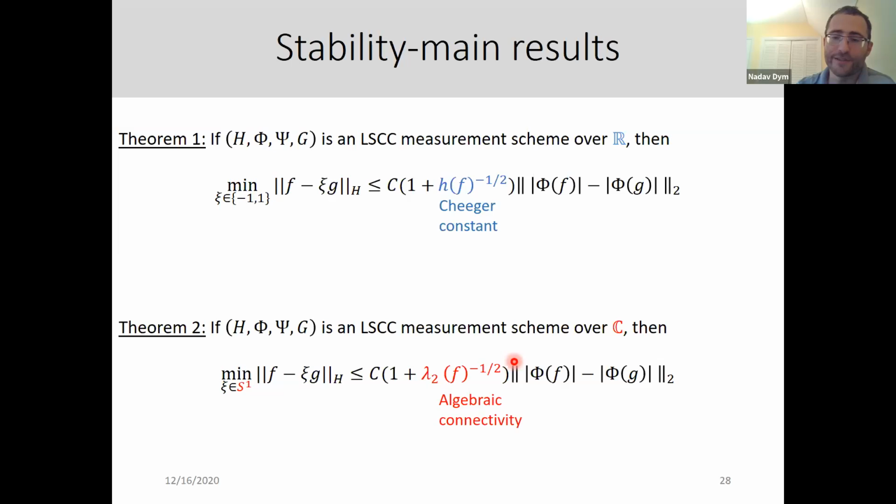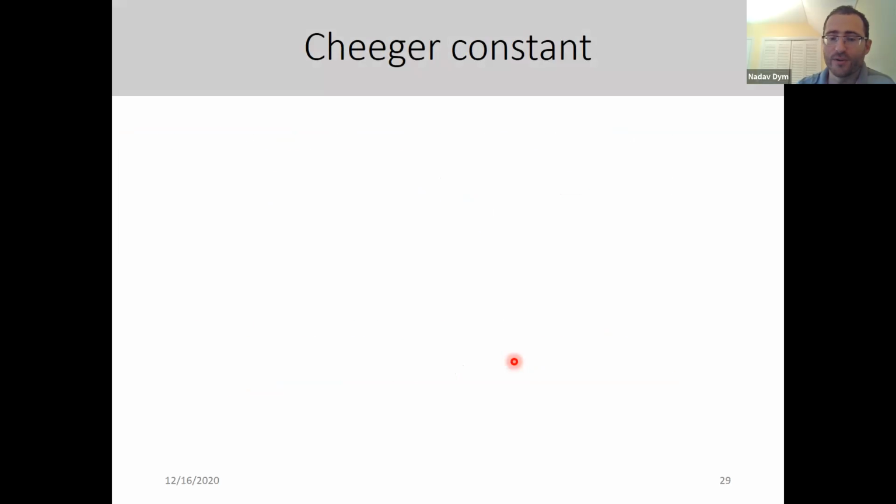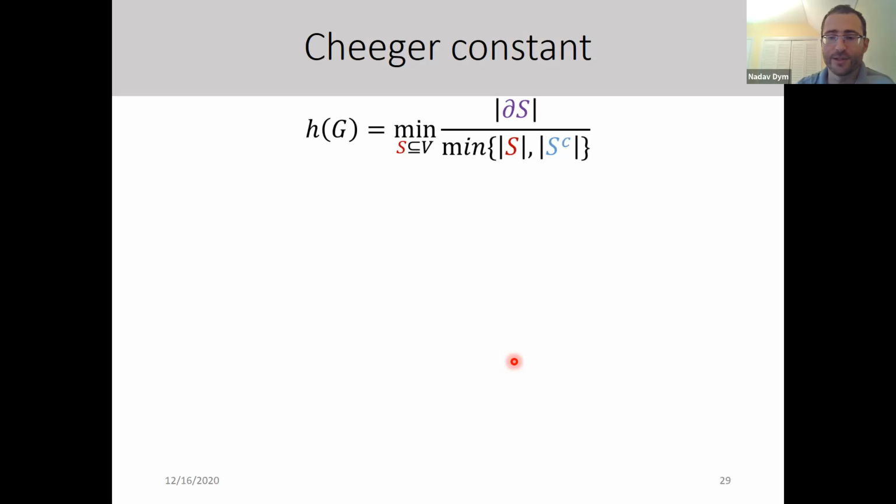So first of all, what the Cheeger constant is. You are given a graph, and you want to measure in a way how connected it is. We do it as follows. This is the definition, but it includes some sub-definitions. Given a subset of vertices, the boundary of the set is all edges for which one vertex is inside the set and the other is not.